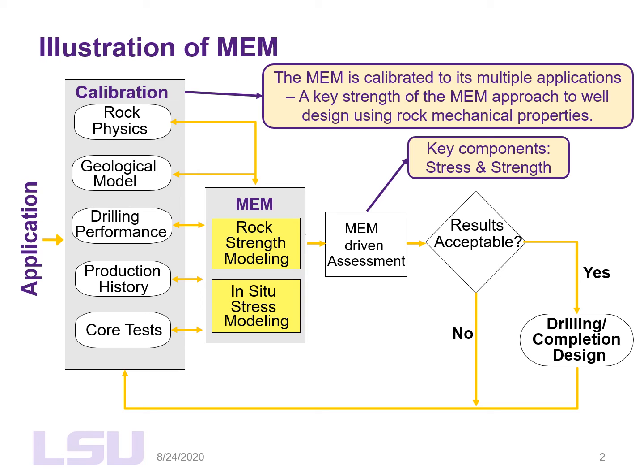It could be from analogs, so reservoirs that look like the one we're interested in. From acoustic data, which is typically what you get first during exploration. From the acoustic or seismic data, we can infer the rock physics, like I talked about in the previous slide, and the geological model. This will come from seismic interpretation. This will come from seismic inversion, and we create our first pass mechanical earth model.